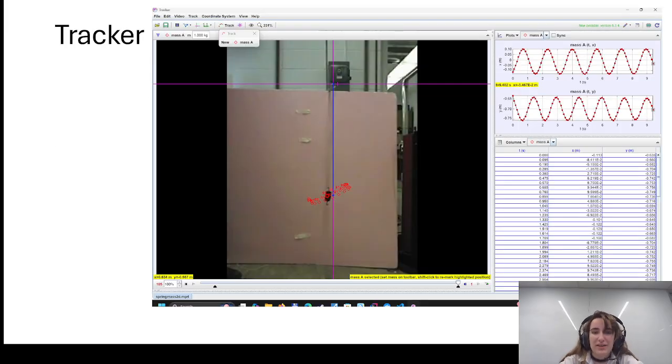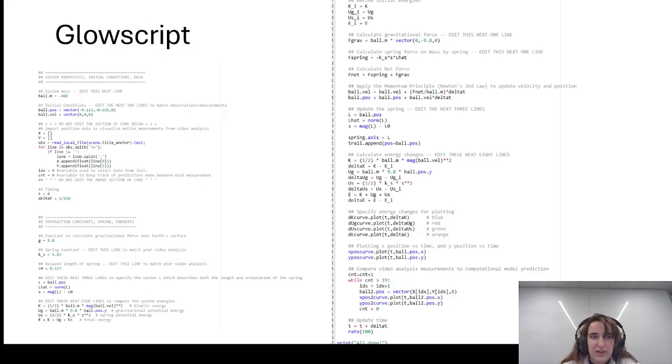So here's Tracker. What we did is take the video of the spring in motion, track its motion in Tracker, and get the data. Then we have a GlowScript model where we used the initial conditions and modeled the motion of the ball mass.